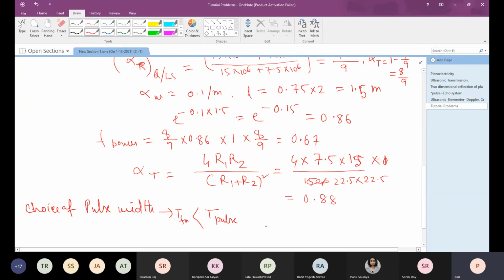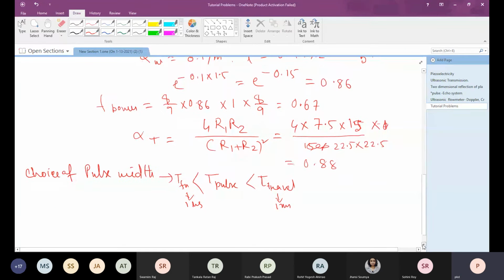Then it has to be less than the time taken by the travel, that is 1 millisecond. So T pulse, this is T_fn, 1 microsecond, and this is 1 millisecond. So it has to be in between.